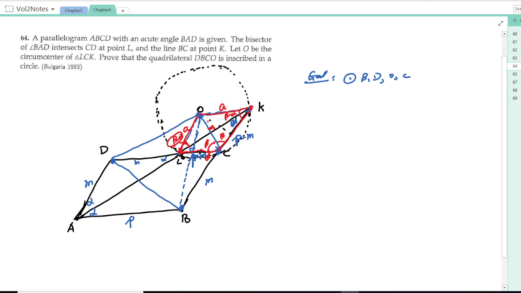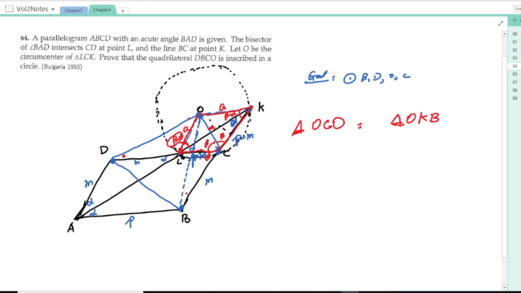Now we can see triangle OCD and triangle OKB. In triangle OCD, why do I see triangle OCD? Because triangle OCD has this angle, and triangle OKB also has this angle, right?